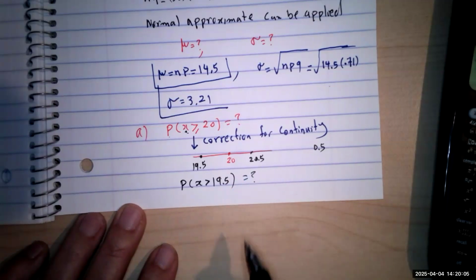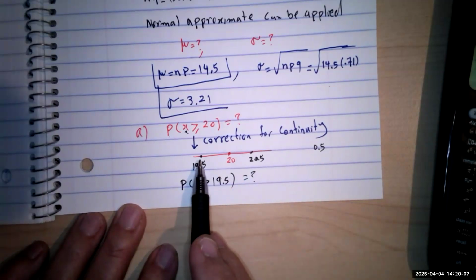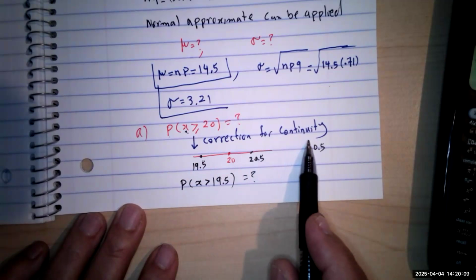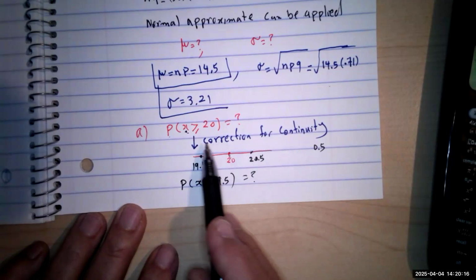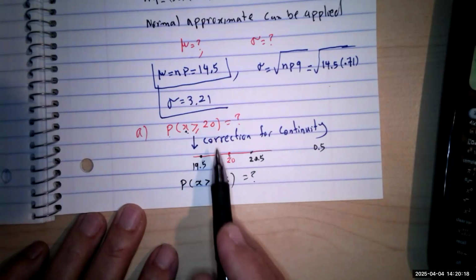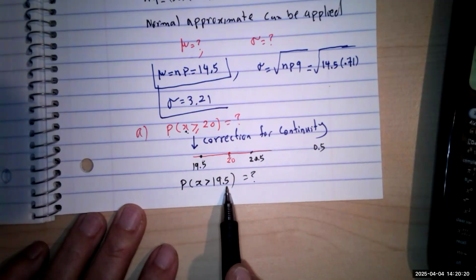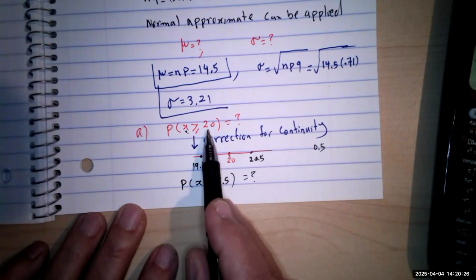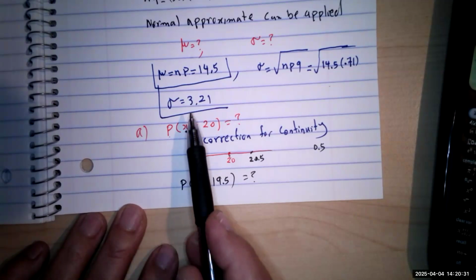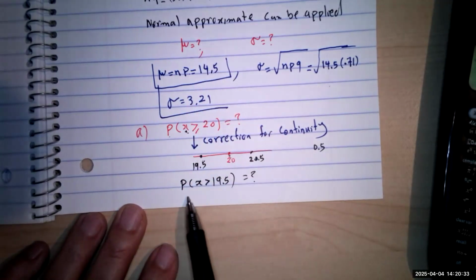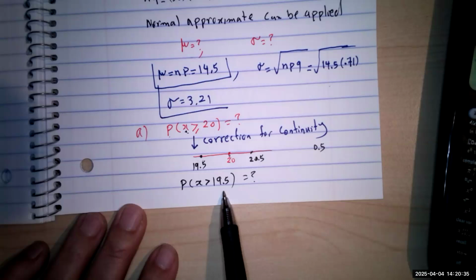If you start from 19.5 and go to the right, 19.5 would cover the 20 here. So it's always the case: x greater than or equal to 20, we change it to x greater than 19.5. Since we use all the numbers in this interval, that gives you 20 and up. So from the binomial case, we go to the normal case.